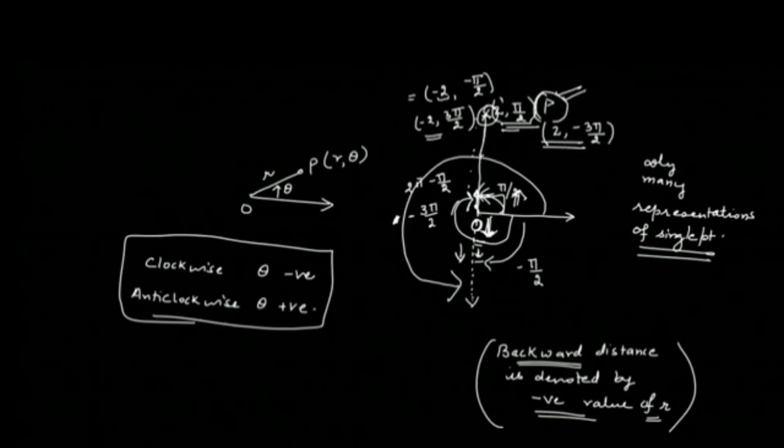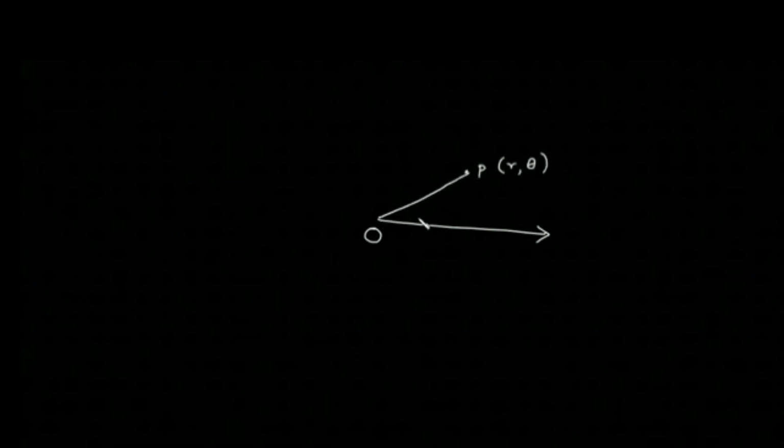So once again, see, this is the initial ray, this is the pole, and this is any point P having the coordinates r and theta. One can reach this point by taking a turn theta and then covering the distance r.